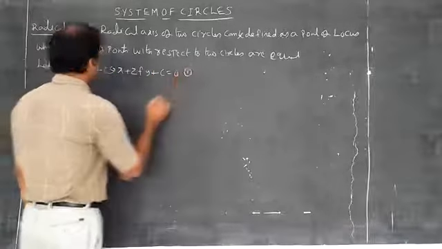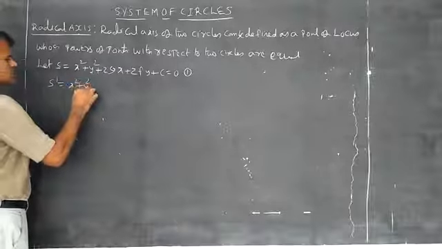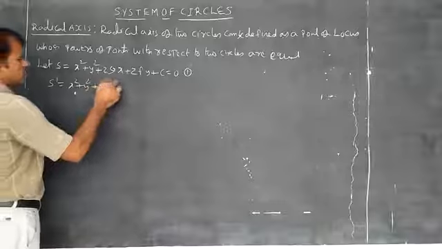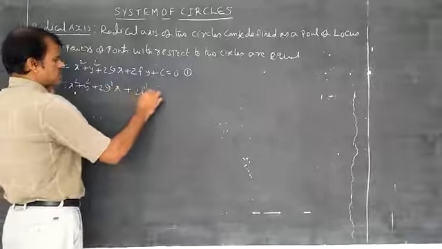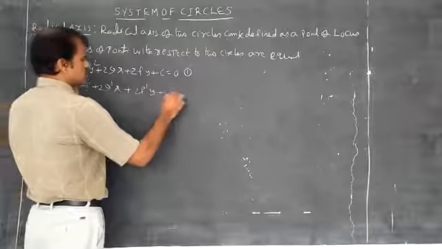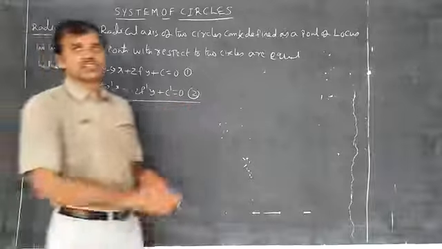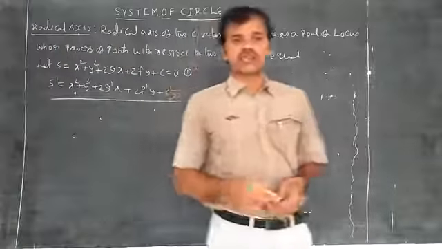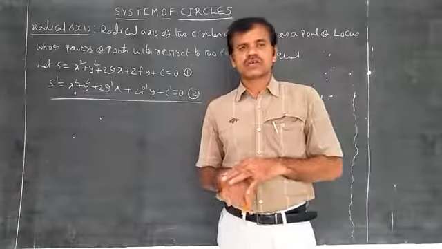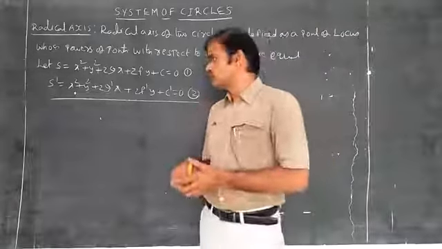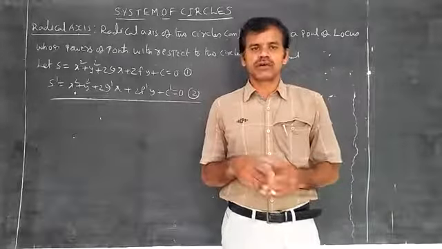This is the first equation, and next we write S dash equal to 0 as x square plus y square plus 2g dash x plus 2f dash y plus c dash equal to 0. This is the second equation. Don't get confused that there is no x dash square and y dash square, because (x, y) is the locus point. Whenever I explained the concept of circles and proofs, I said CP equal to r, where P is alpha comma beta and C is h comma k.